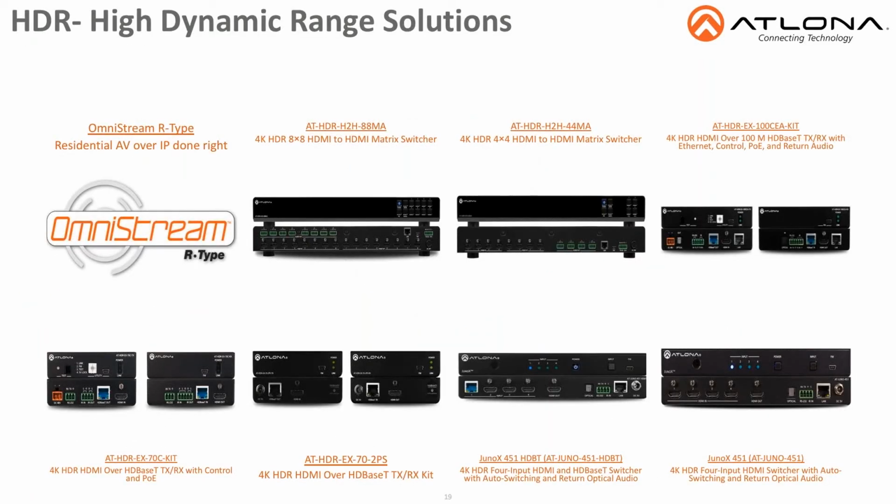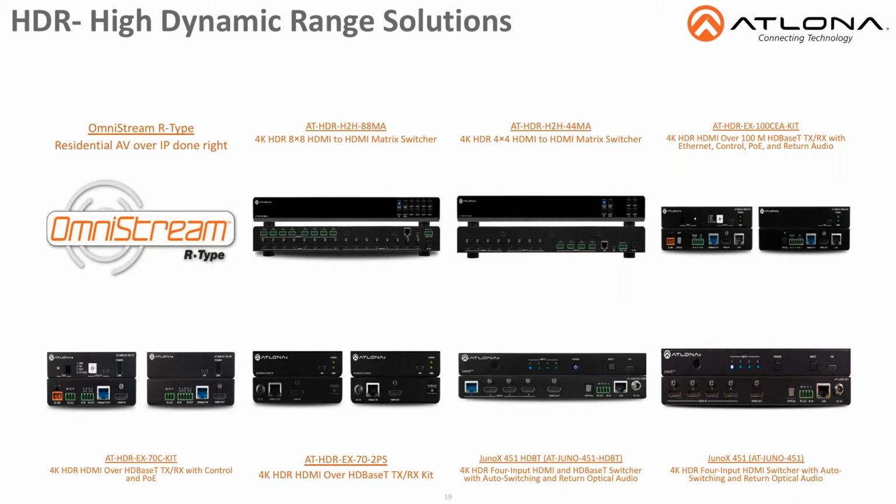So there are a few Atlona products that take advantage of HDR. First up is OmniStream R-Type for sending HDR over a network. Next up is the H2H, which is an HDMI to HDMI switcher, and this comes in the 8x8 format and the 4x4 format.